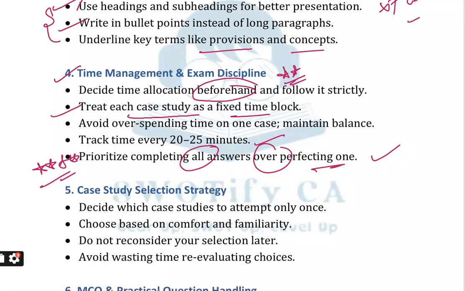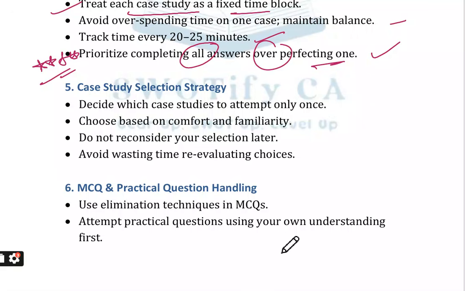Okay, so make sure you are allocating a perfect time for each case study. Avoid overspending time on one case study, maintain the balance. So this is what I have discussed in the last point. So prioritizing all the answers, writing all the answers is very much important.